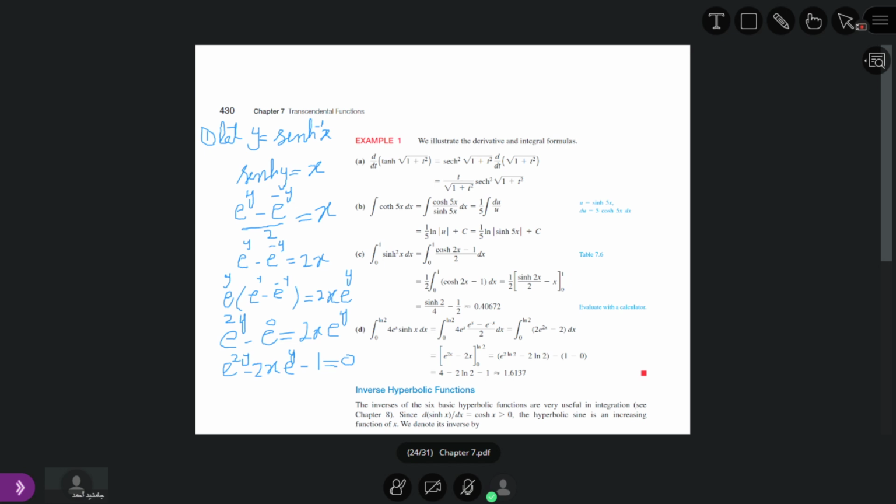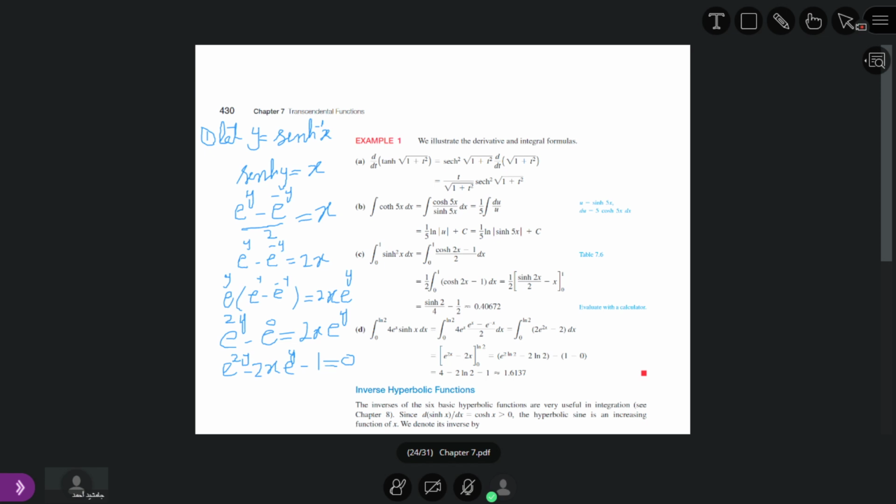So if you see here, first we multiply e power y on both sides, so e power y times e power y gives e power 2y, and e power 2y minus e power 0 is equal to 2x e power y.